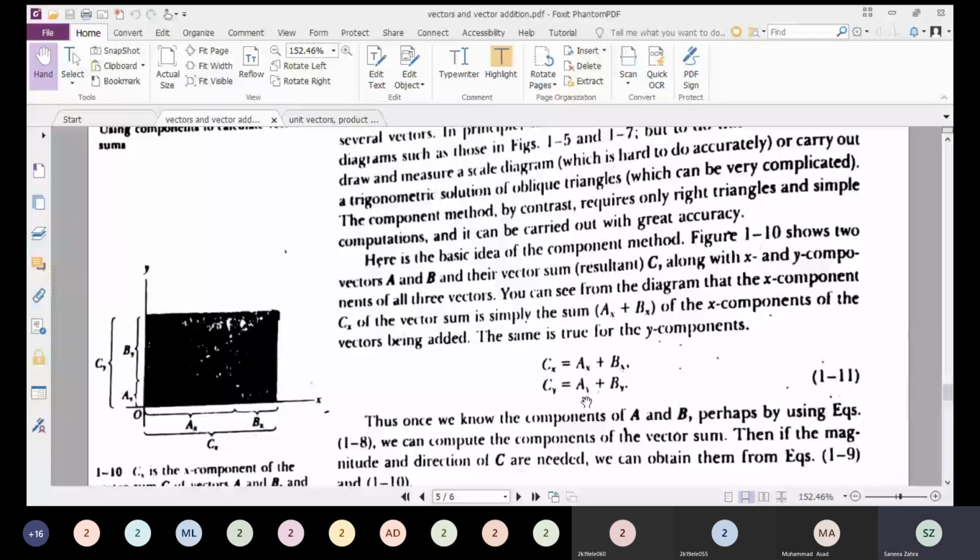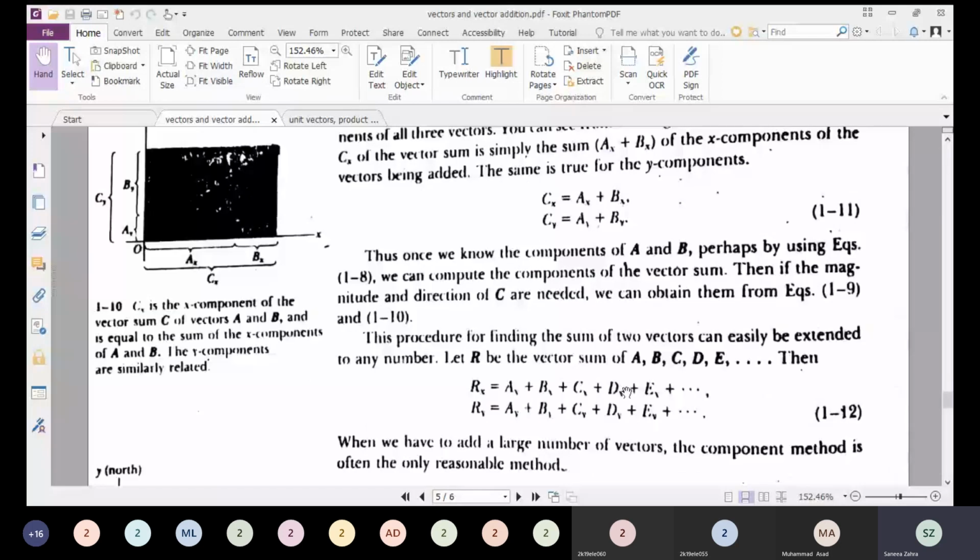Then it will be easy for you to calculate its theta and its magnitude and so on. If you have more than two vectors, then you will add more than two x components and more than two y components.